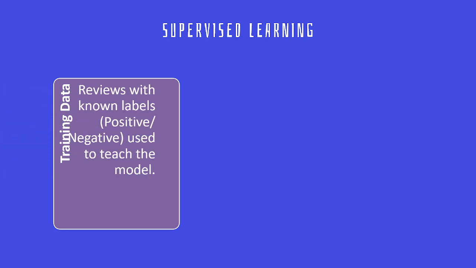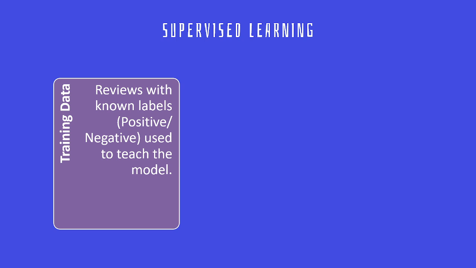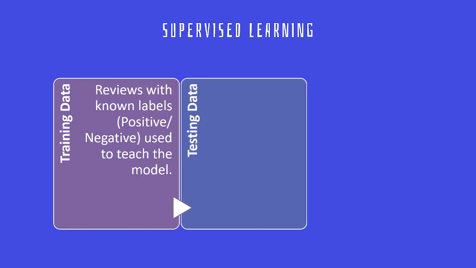Let's sum up this entire supervised learning. So what does the machine do in supervised learning? First, training data comes. In the previous example, we took reviews with known labels, that is positive and negative, which we use to teach the model. So the very first is training data.